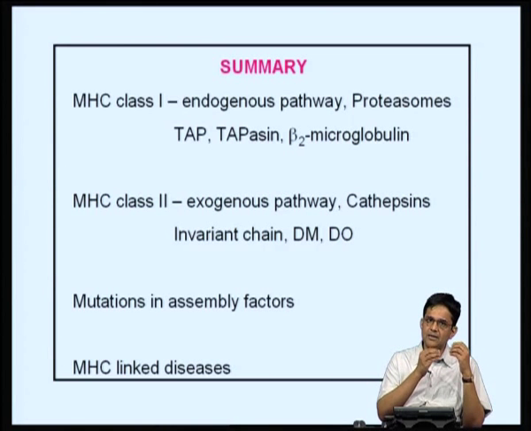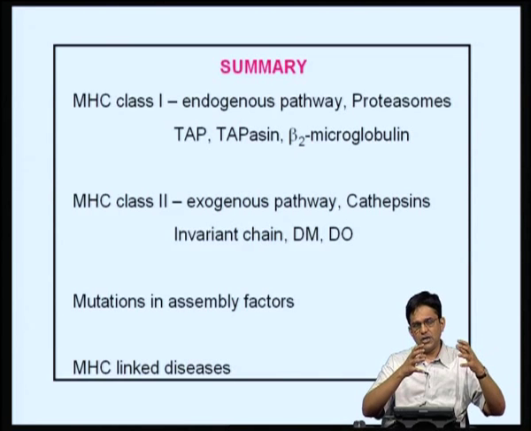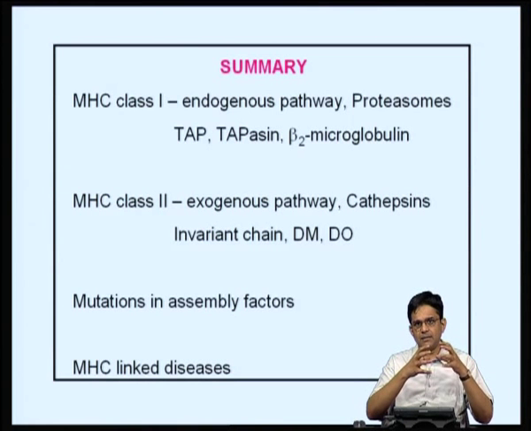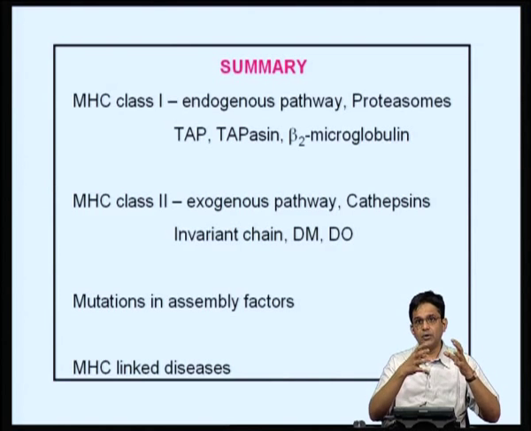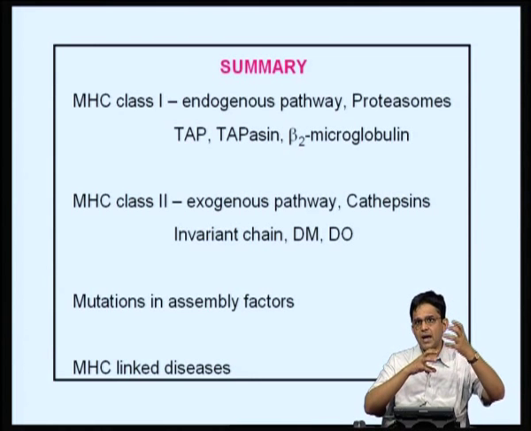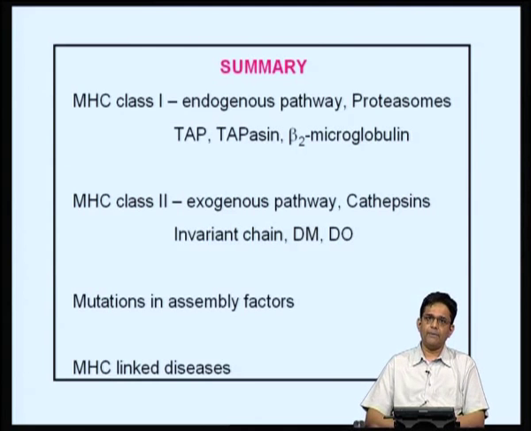The peptides are then translocated from the cytosol into the ER by transporters, TAP, and then you have the peptide loading complex, where the heavy chain bound to beta 2 microglobulin meets them. You have tapasin, which helps the complex, and other proteins like calnexin and calreticulin form a big complex. Once you have proper peptide loading, there is a conformational change, and MHC class 1 molecules are moved to the surface by vesicular trafficking.